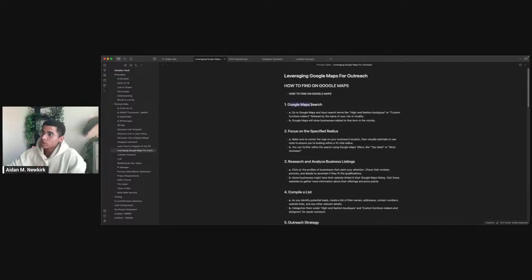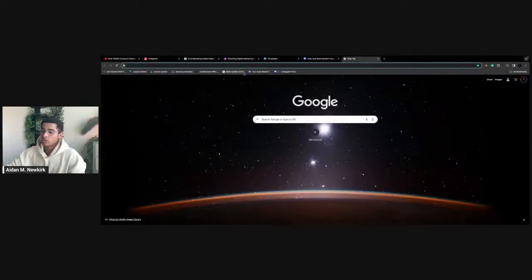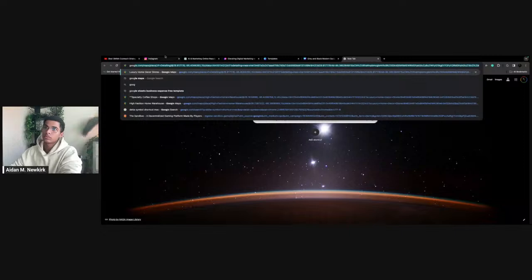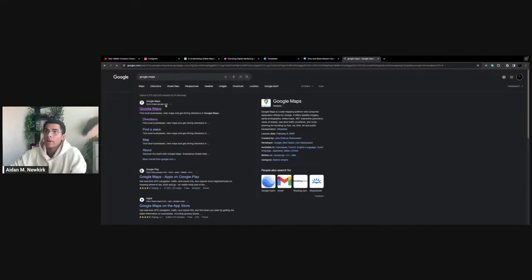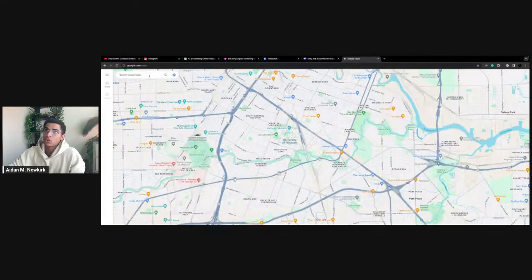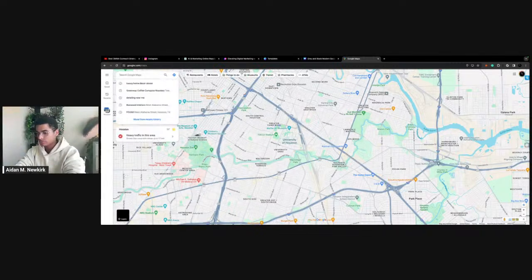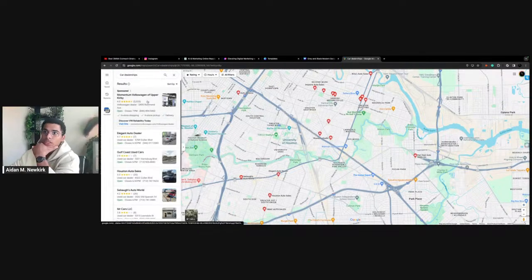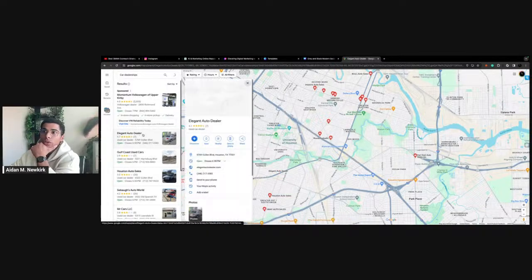So essentially what you're going to want to do is, depending on your niche and what you're looking for, you're going to go into Google Maps and search for, let's say, car dealerships. And what I'm looking for essentially is different listings on Google Maps that showcase a low review number.